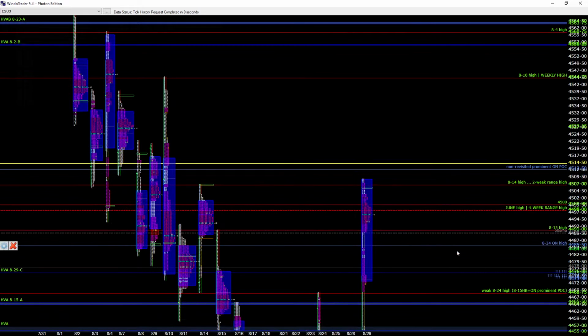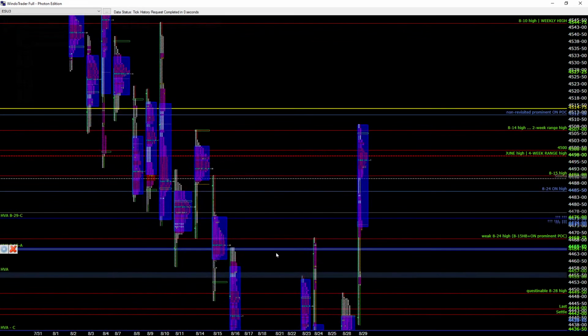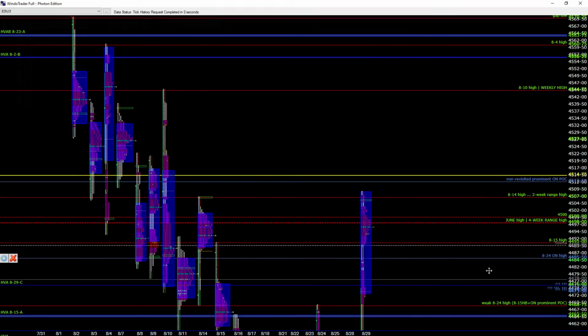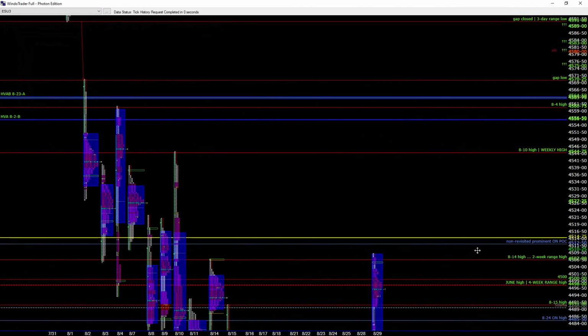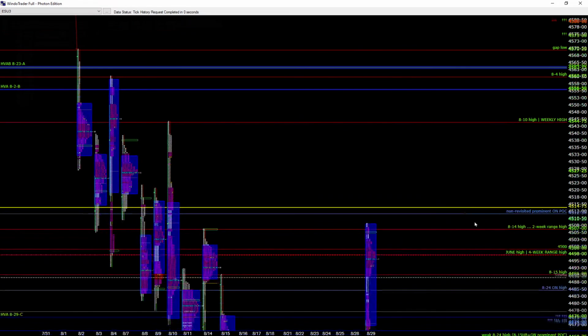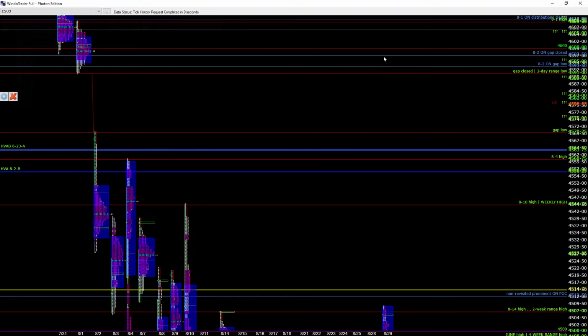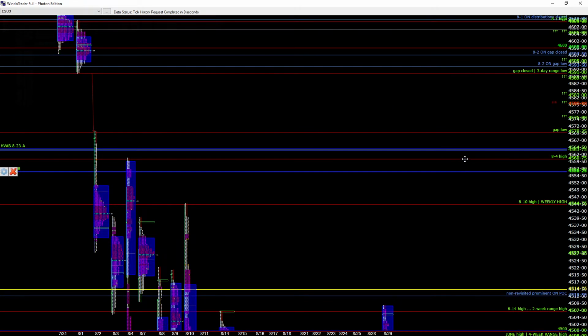The next thing that I can see here is if this has upside continuation, taking this level out, and taking this one out. One of the most important things I believe is the gap we have here on the upper side.